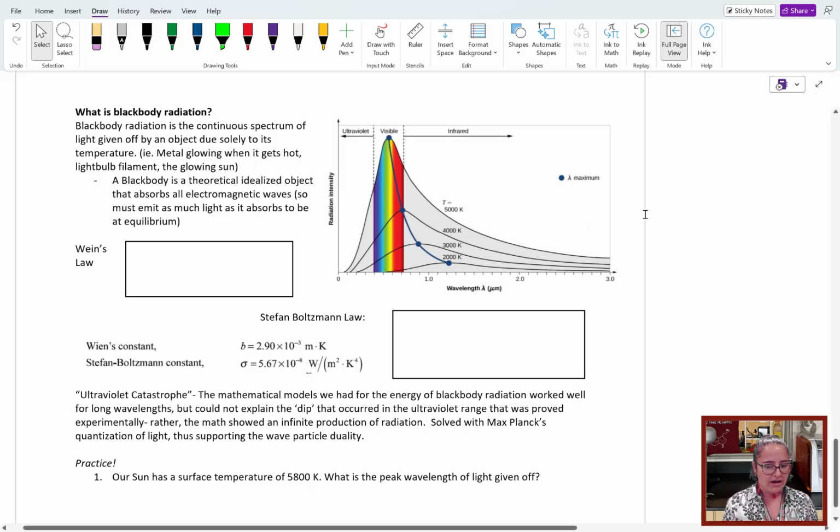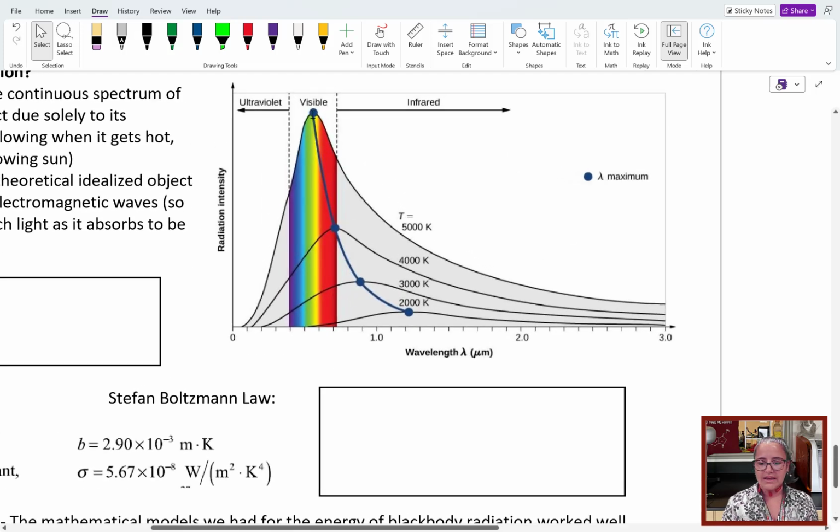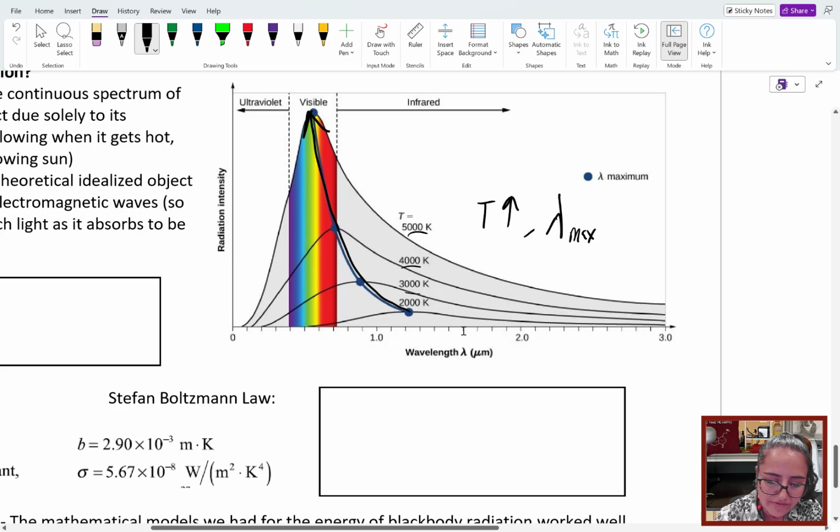So you can see a graph similar to the one we were looking at in the simulation right here, where we get that peak and that blue dot shows the wavelength maximum. As you can see on these temperatures, as the temperature increases, as we go closer to this 500,000 K, the maximum wavelength gets shorter. Okay, so it decreases, meaning that that max light has more energy.